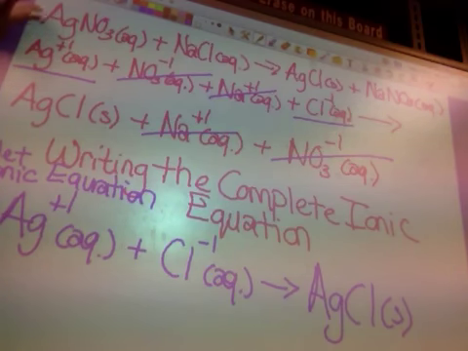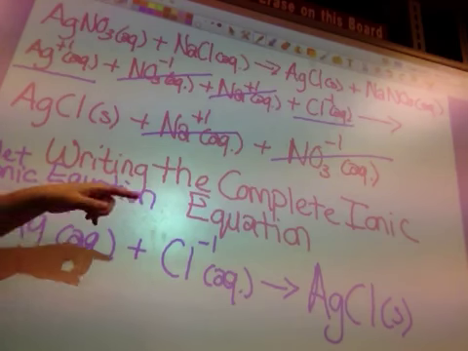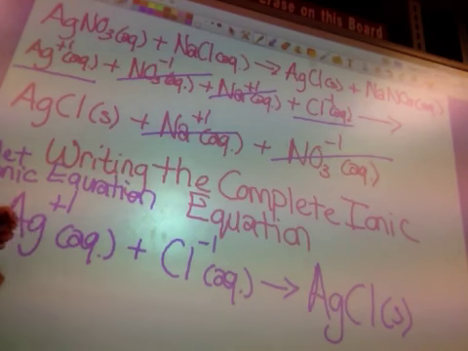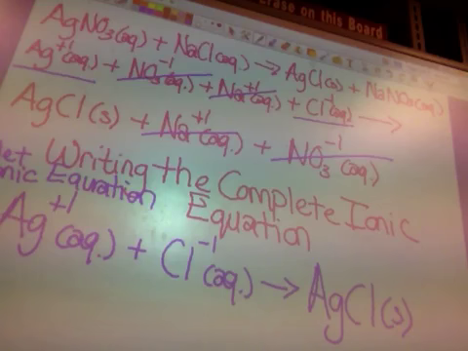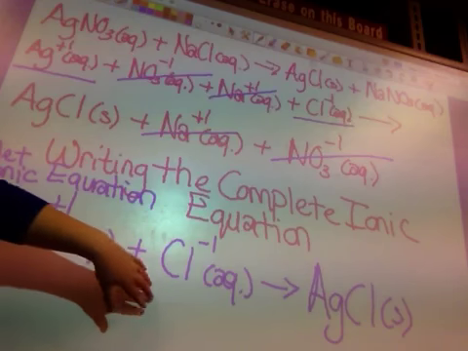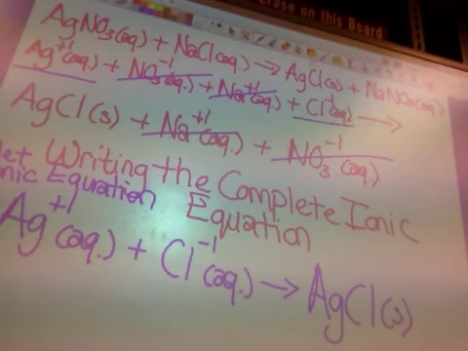So sodium and nitrate are just there to really help form silver chloride, okay? That's the whole point of writing a net ionic equation. We want to know what is truly the reaction that is taking place in some type of chemical equation. So again, I was left with silver and chlorine, and that makes silver chloride, and that is really the reaction that's happening in the reaction that we first started off with, okay?